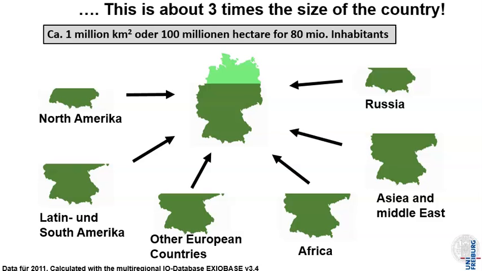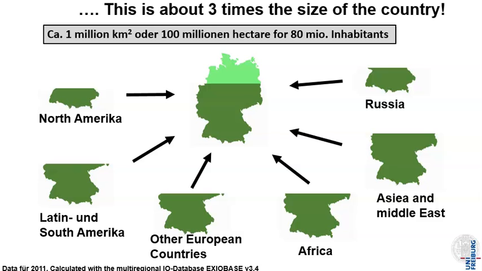We can, with the models we have, also roughly say where that land lies. So we already mentioned Russia and South America, but there are also other continents and world regions that contribute to the land footprint of a specific country. So we see that in a globalized world, we have an exchange of resources across the globe, and it also means that we can associate land use in one country with consumption in another country. So we establish a system linkage.